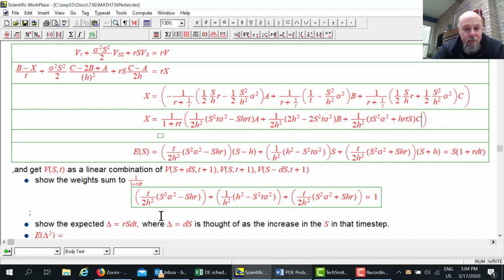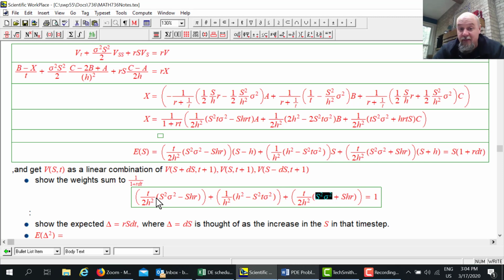When I clean this up, and you can pause the video and check this out, let's look at the S squared piece. Here I've got an S squared sigma squared dt divided by H squared, and here I've got half of that, and here I've got half of that. So a minus a whole one plus two halves, the S squared pieces cancel out.